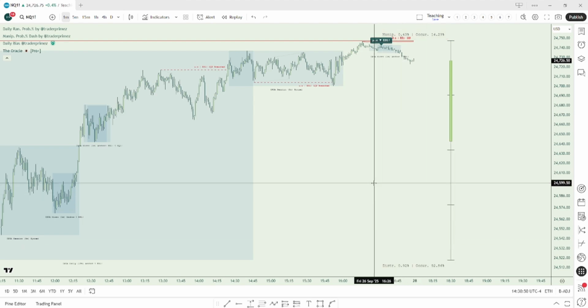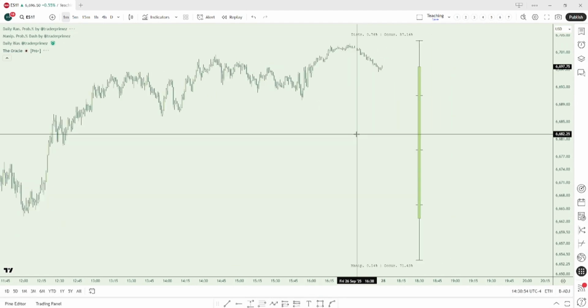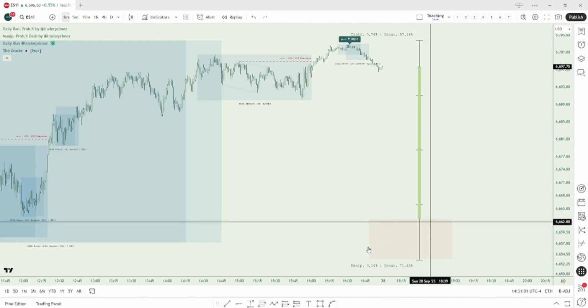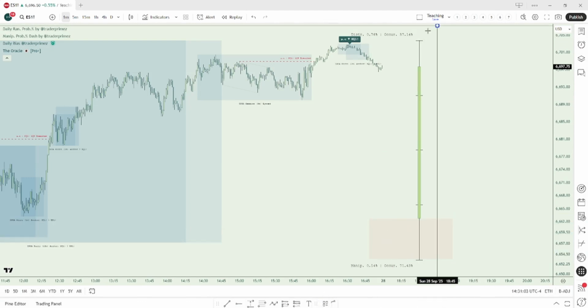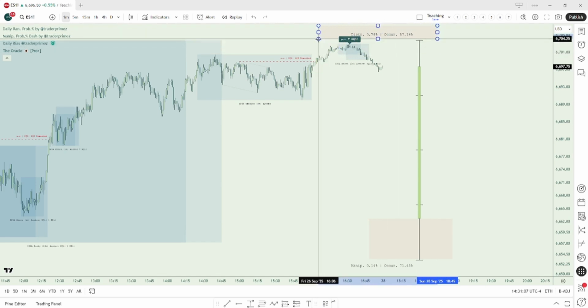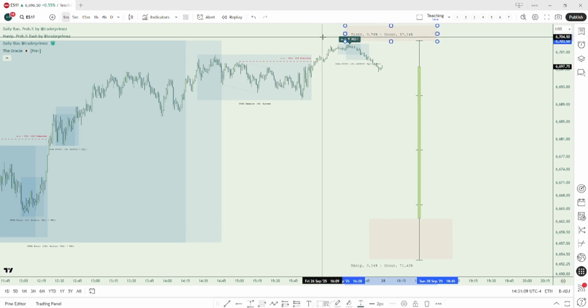We should allow for a healthy manipulation range as per your manipulation probability dashboard. Similarly, for a distribution, you should take profits, or if you are holding your trade, you should hold until you reach the high probabilistic distribution thresholds as per your daily distribution dashboard.